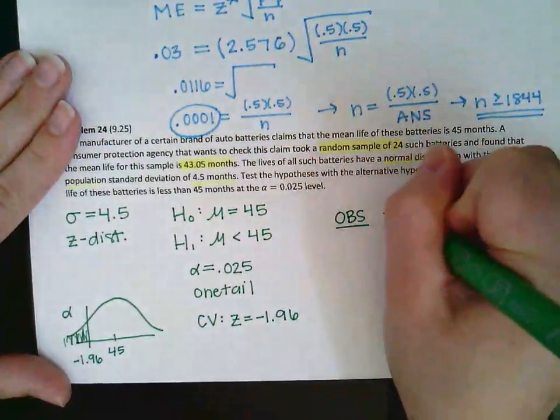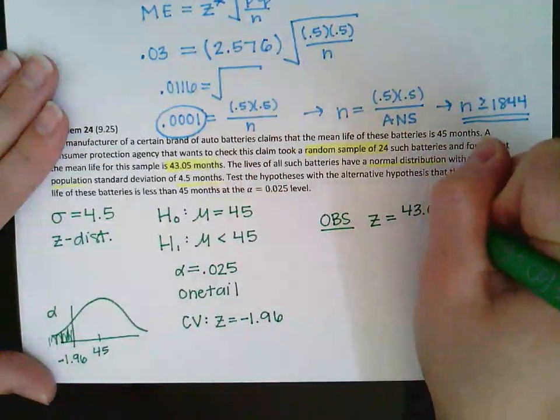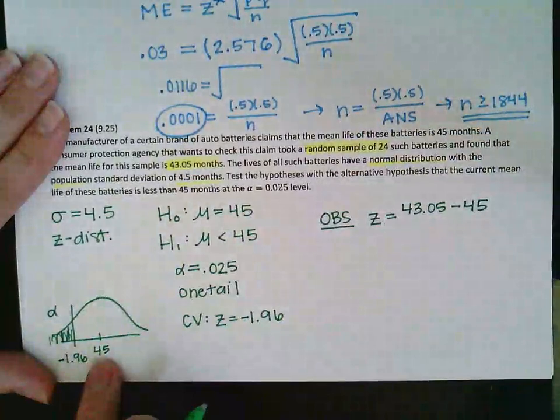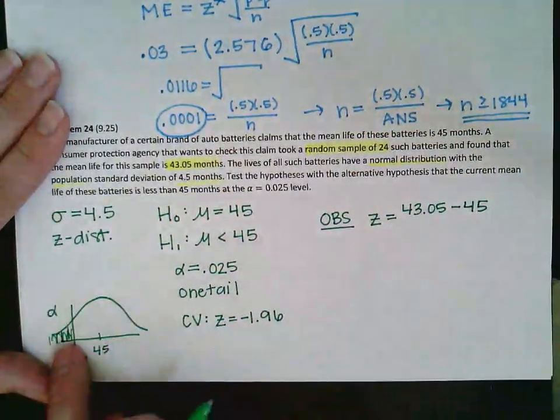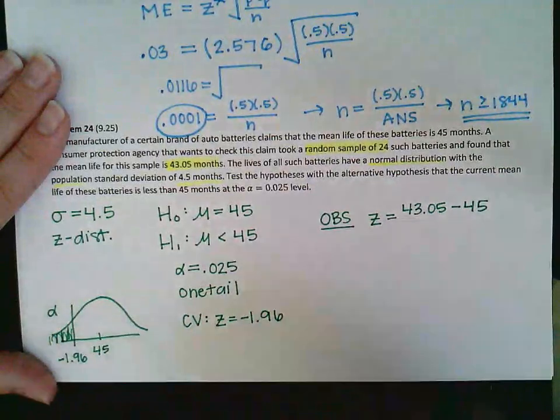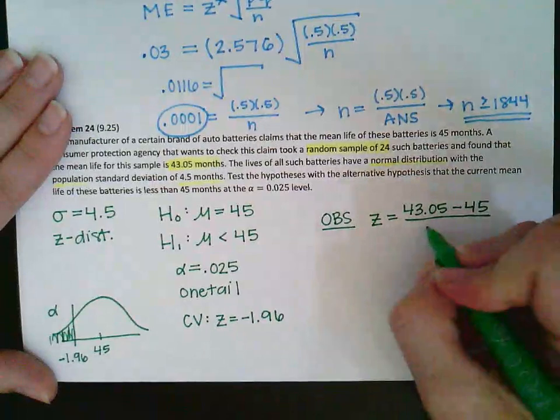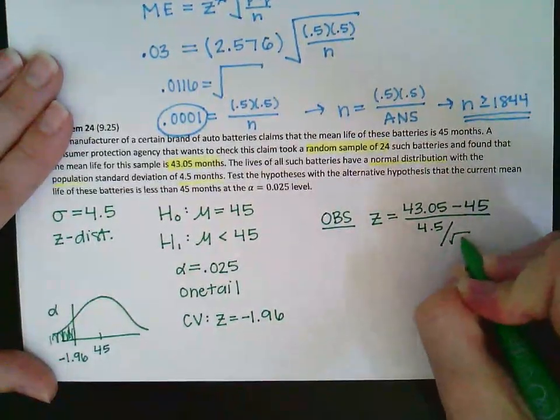So z is going to be equal to 43.05 minus what I'm setting this to. So I want to figure out how far away is 43.05 from 45. Is it in this rejection region or is it not? All over. Now this is a sampling distribution, so I need to make sure I do sigma divided by the square root of n.